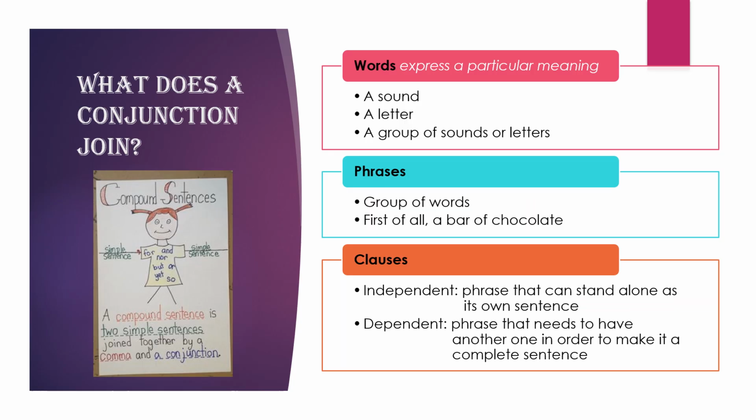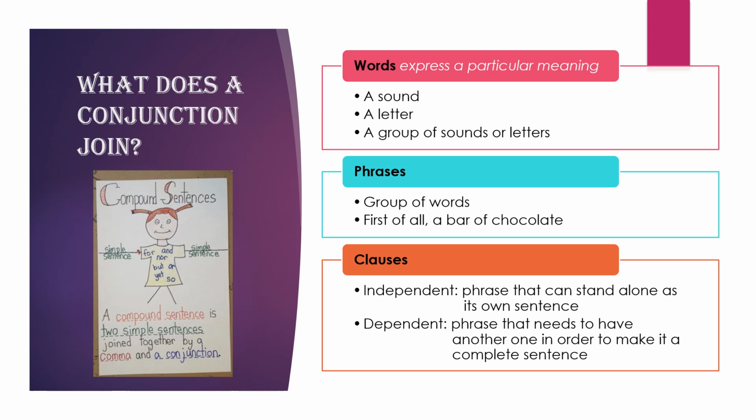To have a deeper look at what exactly conjunctions are joining, we have a simple sentence and then another simple sentence. The words that are used to join these two simple sentences are called conjunctions. We may use any kind of word to join two simple sentences, and once these two simple sentences are joined, they make a compound sentence.